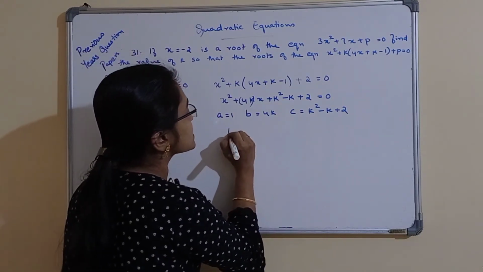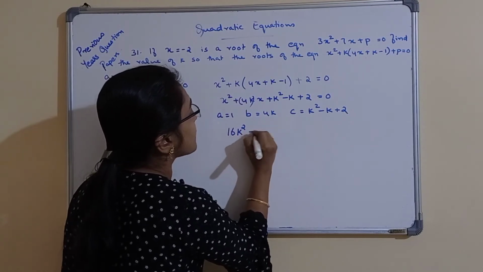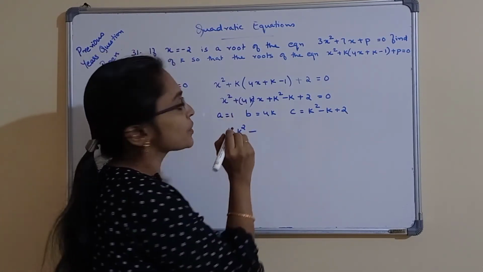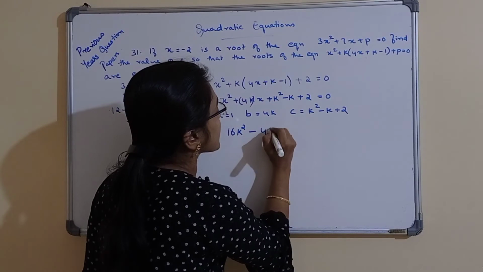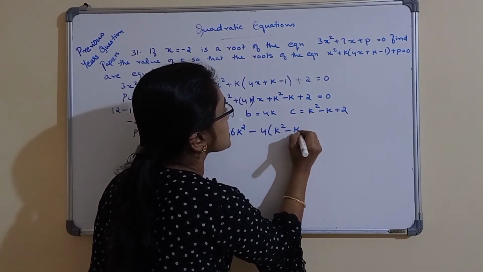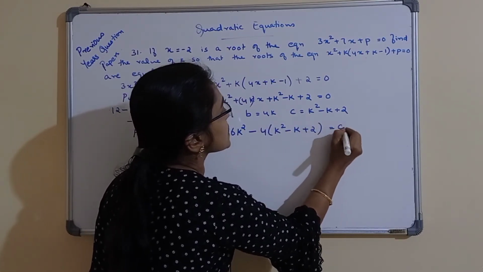So b square is 16k square minus 4ac, 4 into 1 into k square minus k plus 2, is equal to 0.